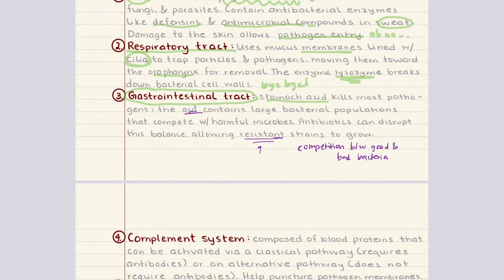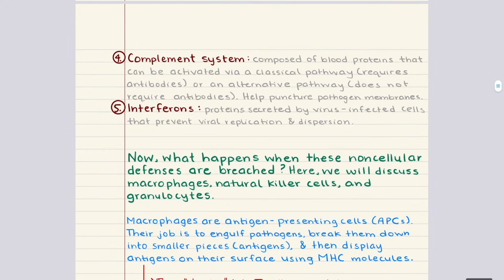But beyond these physical and chemical barriers, the innate immune system also includes the complement system. The complement system is a group of blood proteins that circulate in an inactive form, and it can be activated to then help destroy pathogens. Complement activation can occur through two main pathways.